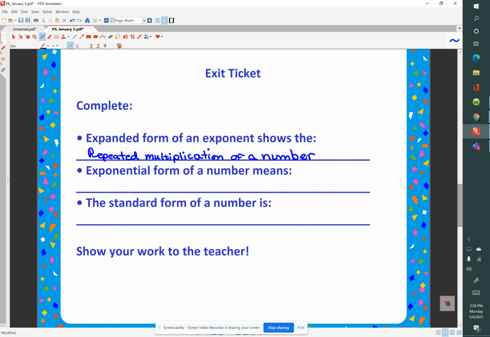The exponential form of a number means showing the base and the exponent. And the standard form of a number is fully simplified or evaluated.